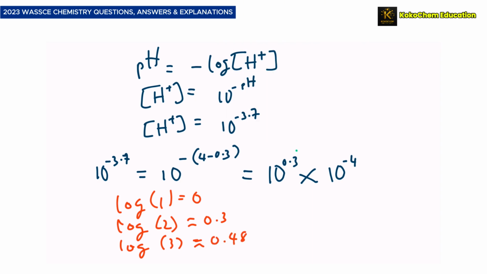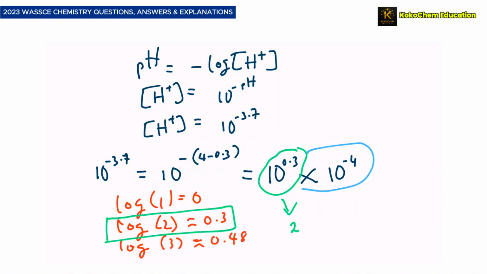So if you look at this, we have 10 to the power 0.3, which will be log 2. So this is approximately 2, and then you add this section, times 10 to the power negative 4 mole per dm cube.